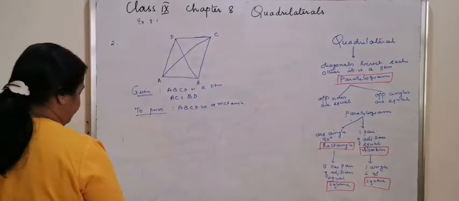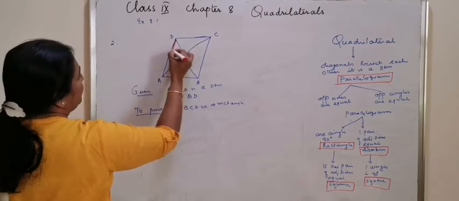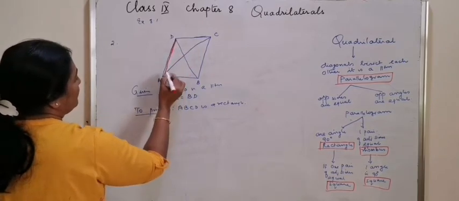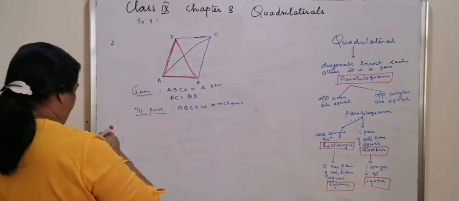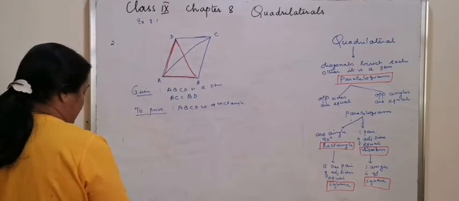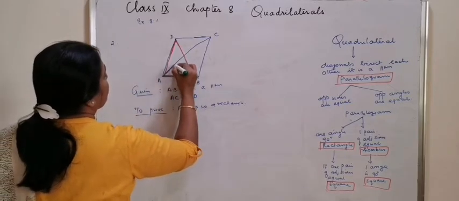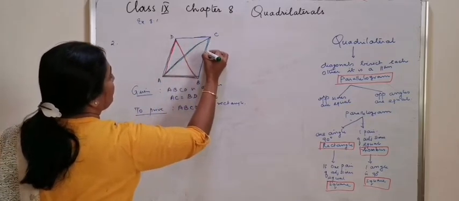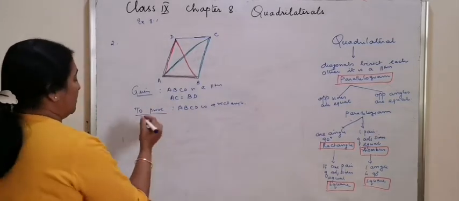Let's prove triangle ABD congruent to triangle ABC. Let's prove those two triangles are congruent.